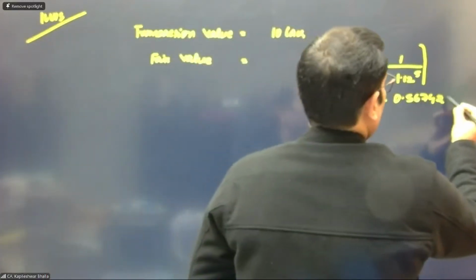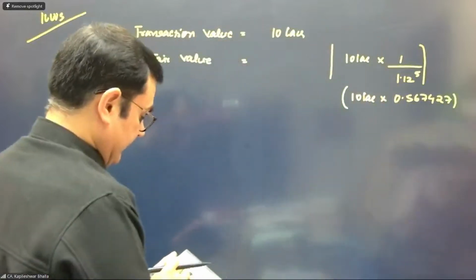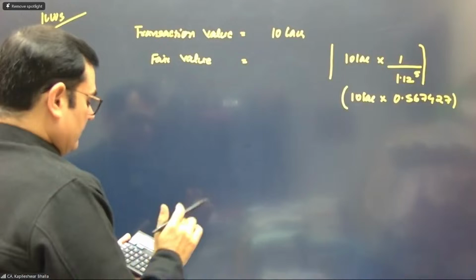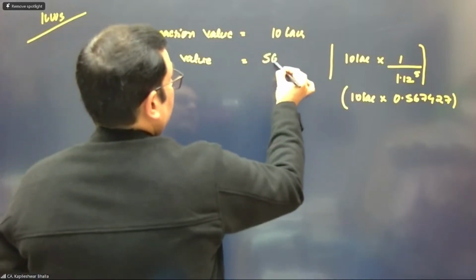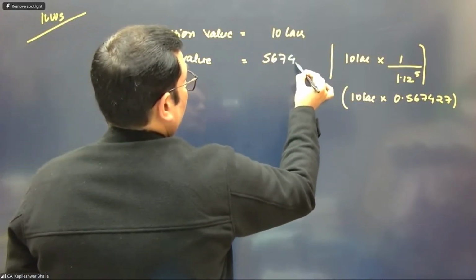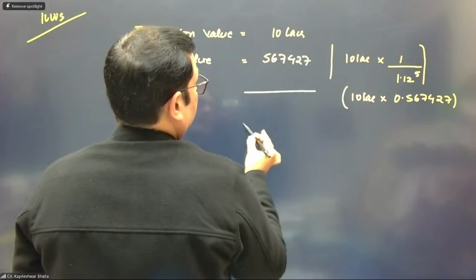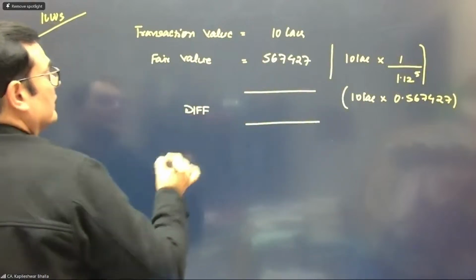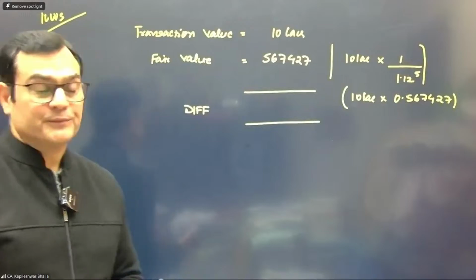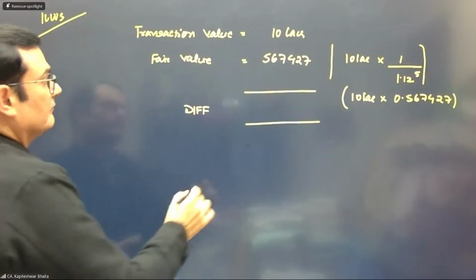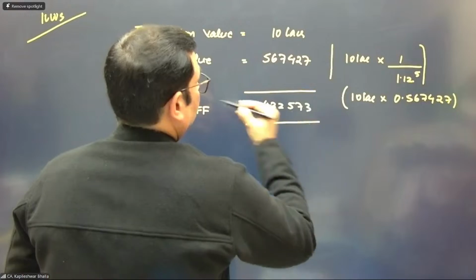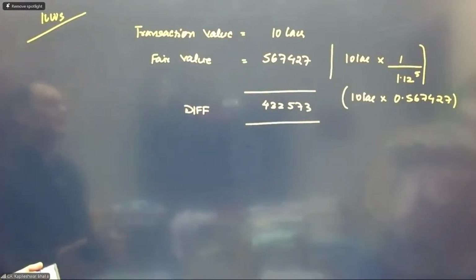We get the fair value of this deposit: 5,67,427. And then we can get the difference as well. Let's see what is the difference between the transaction value and the fair value: 4,32,573 is the difference.